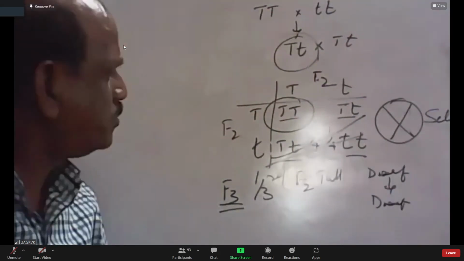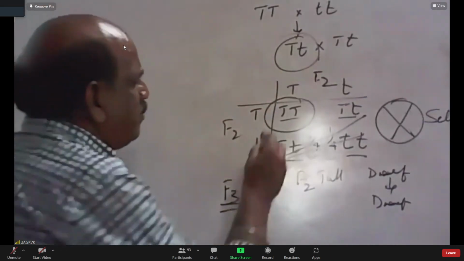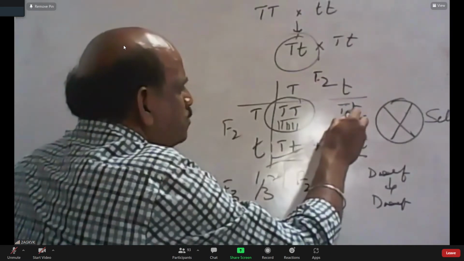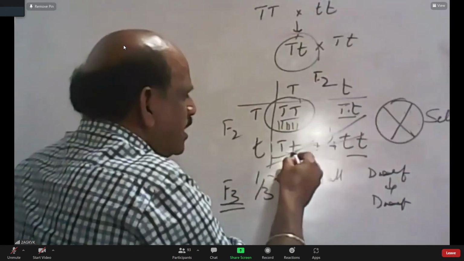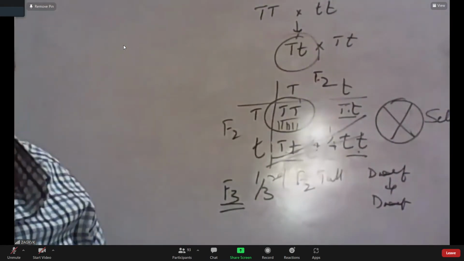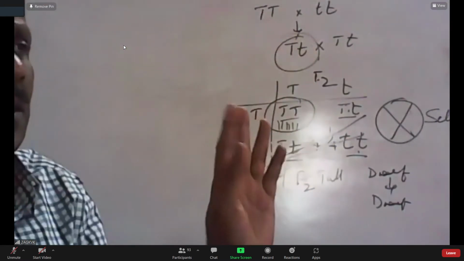When I say breed true, you self this individual, all the seeds that you get, you raise them, all of them are found to be tall. When you harvest seeds from this plant, they will segregate as tall and dwarf. This will also segregate as tall and dwarf. This plant will breed true for tallness. So what is the conclusion of Mendel?